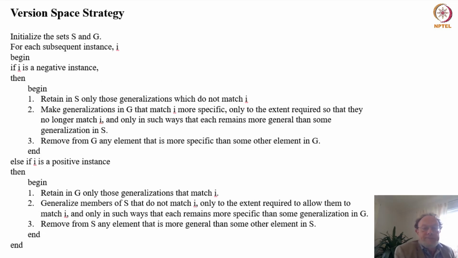Let's now look at the pseudocode for the outline of the version space strategy. And the important parts here are the two blocks. So there is one block of actions in the case that we encounter a negative instance, and one block of actions when we encounter a positive instance. And as you see here, there is a nice symmetry between these blocks with respect to how the two sets, S and G, are handled.